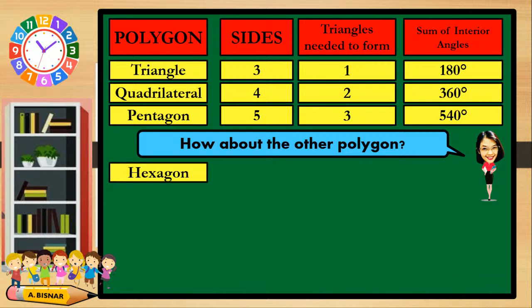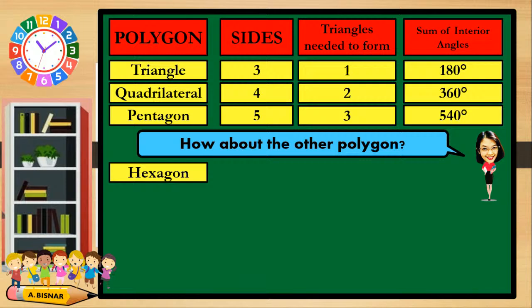Okay, answer this one. Hexagon. Hexagon has how many sides? And what do you think will be the number of triangles needed to form it? And the sum of the interior angles. Oh, may nauna nang sumagot.